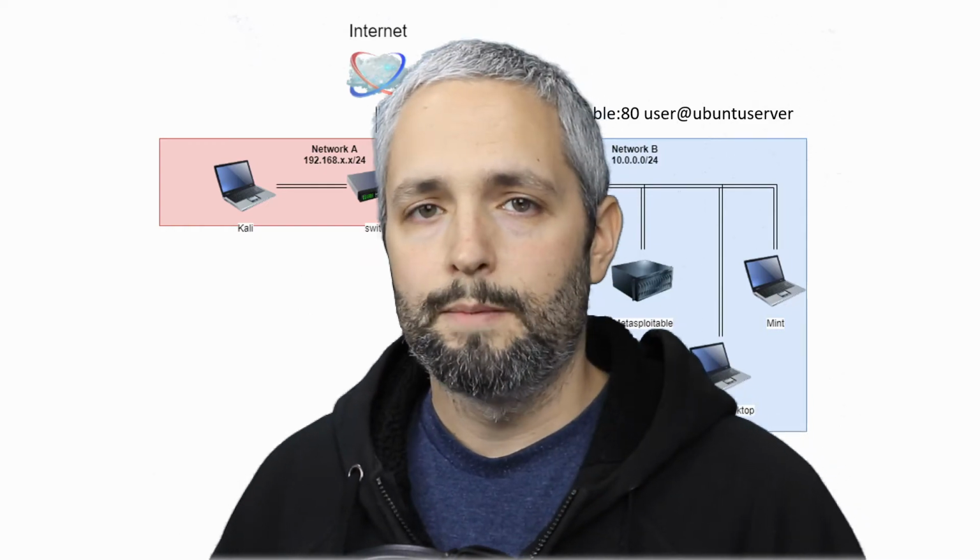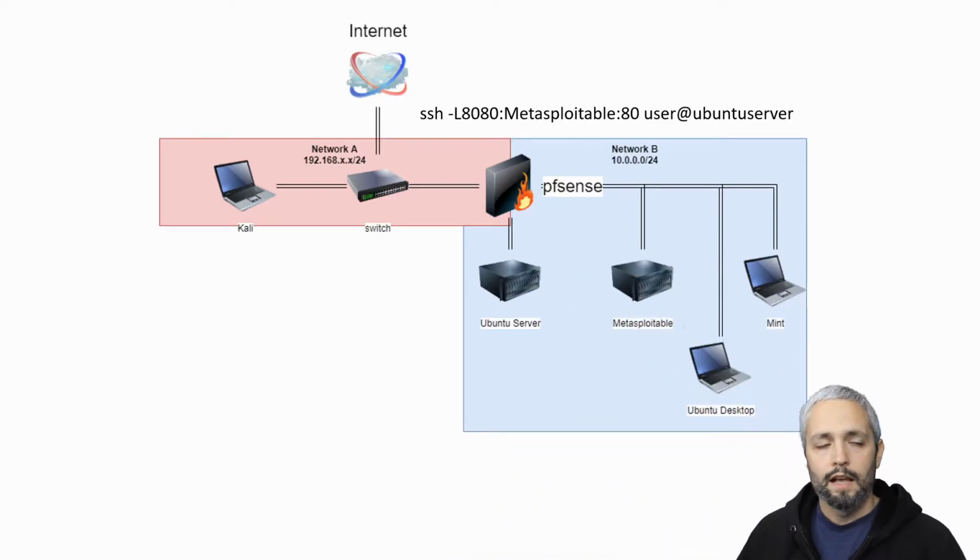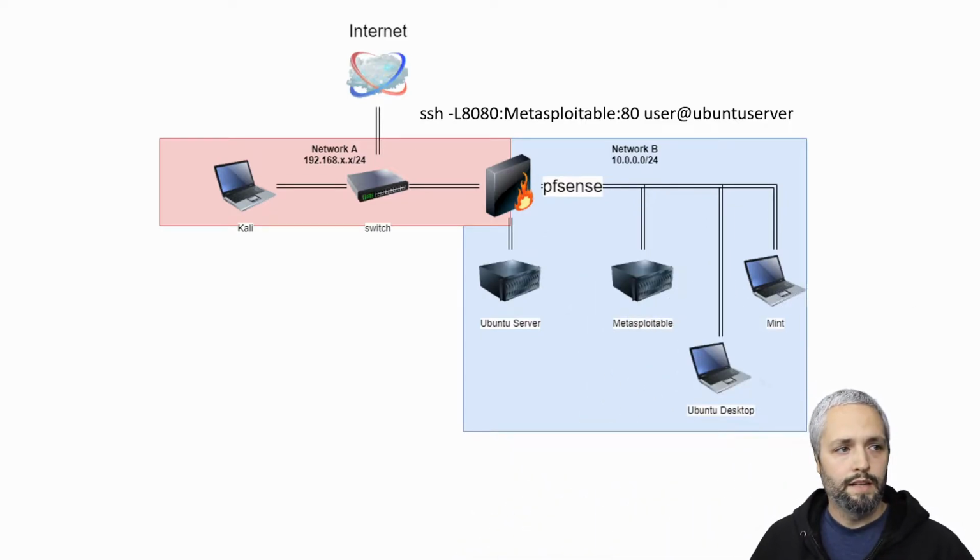Here's what our lab environment looks like right now. As you'll see, we have the internet coming into a network where we have our Kali instance simulating to be on the external network, and the pfSense box, a firewall, which is a bastion between the external network and the internal network. The 192.168.93 network is going to be our external, and the 10. network is going to be our internal.